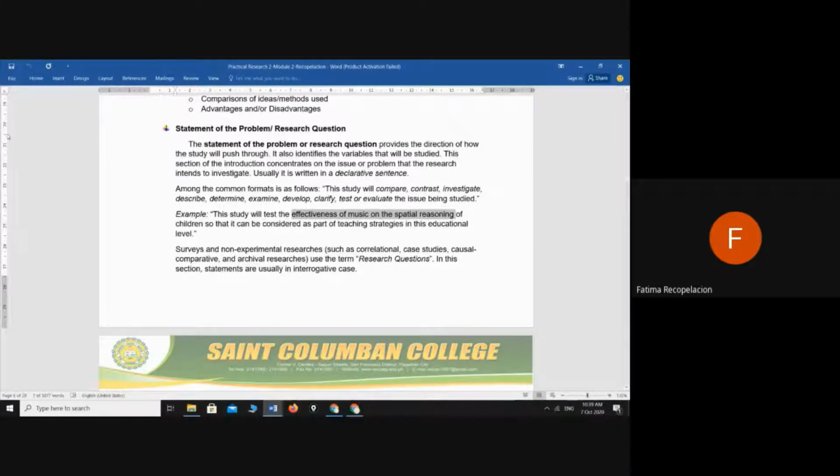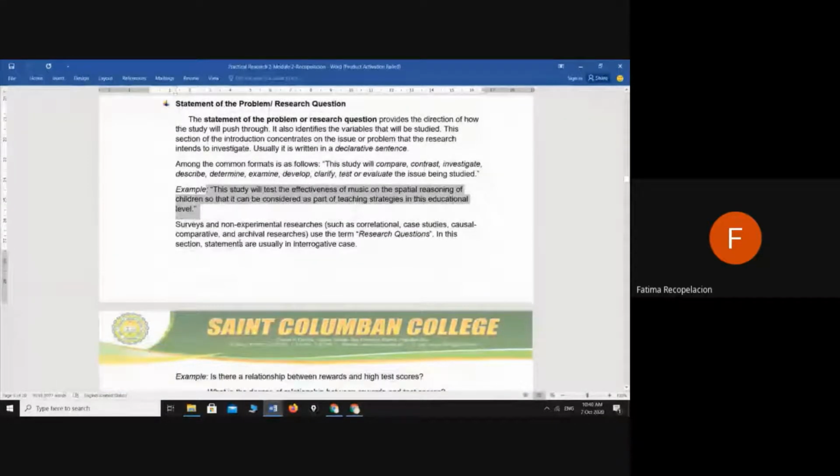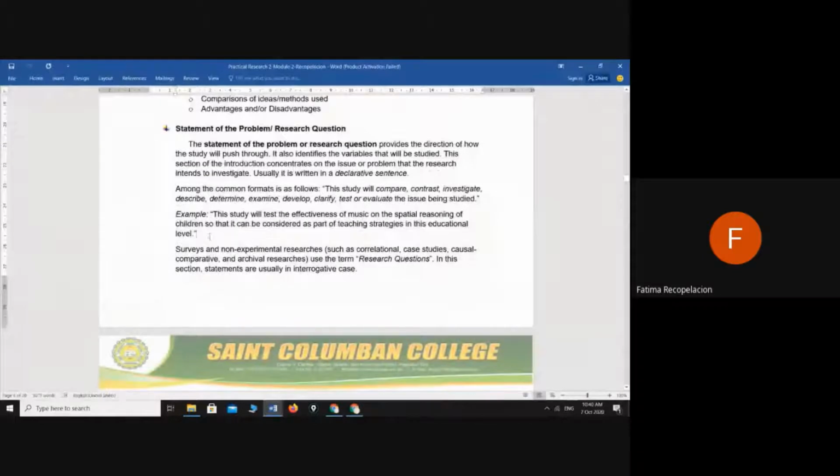So, is music effective? Is music effective in improving the spatial reasoning of children? That is what they want to prove with this particular research study. Okay, your statement of the problem is the guide of your research paper.